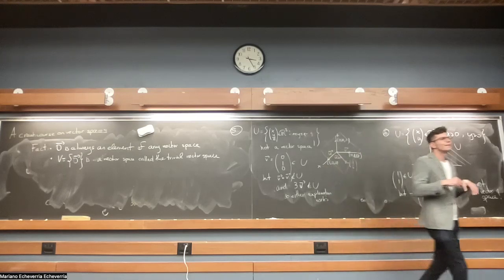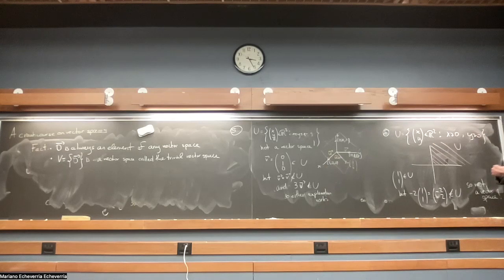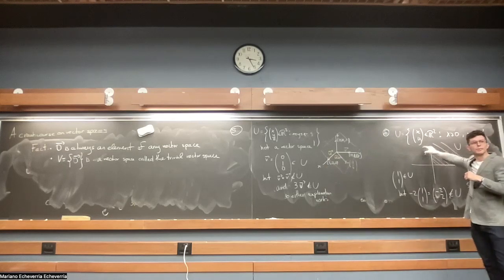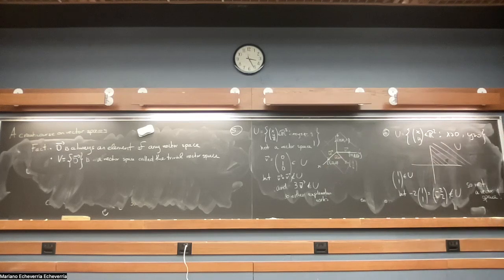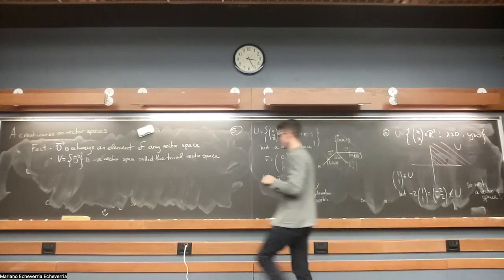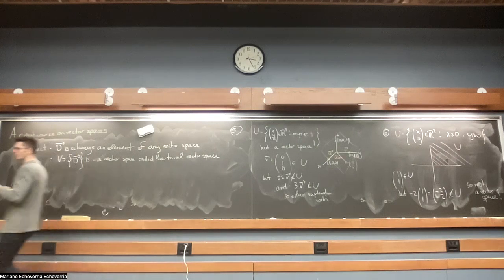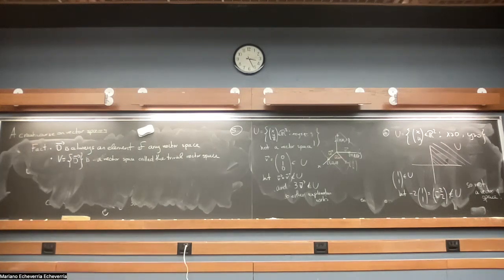And sometimes, like here, 0, 0 was inside of it, but it still fails to be a vector space. So it's what people call a necessary but not sufficient condition. It always has to be inside, but that on its own does not guarantee that it's a vector space. Does that make sense? Any other questions up to this point?